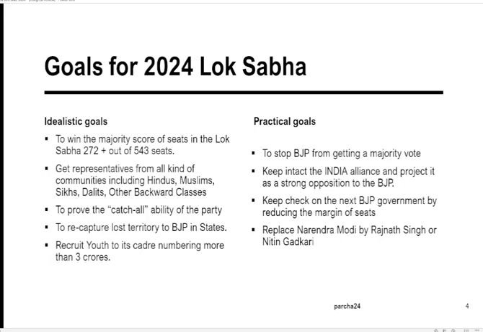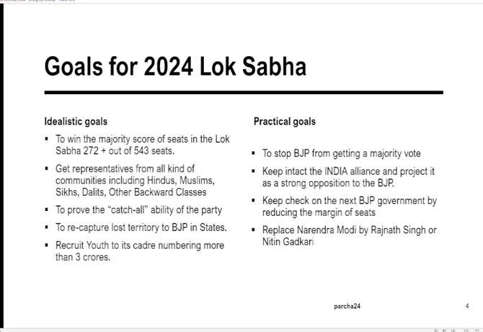Congress practically would want to stop BJP from getting the majority vote. If it succeeds in doing so, Narendra Modi will probably be replaced by Rajnath Singh or Nitin Gadkari.